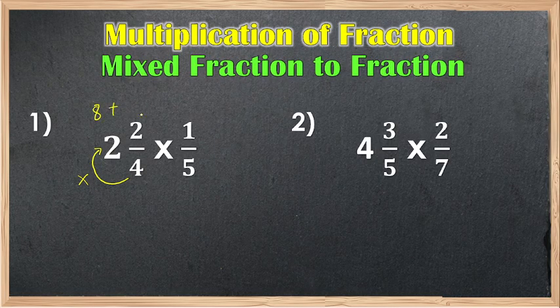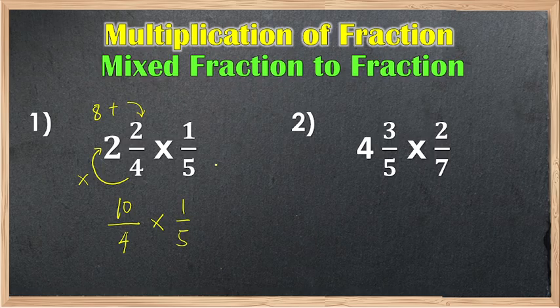And then add the numerator. So 8 plus 2, the answer is 10. Copy the denominator 4. So we have the improper fraction: 2 and 2/4 is equivalent to 10 over 4, multiplied by 1/5.